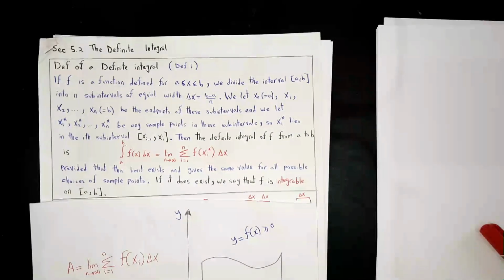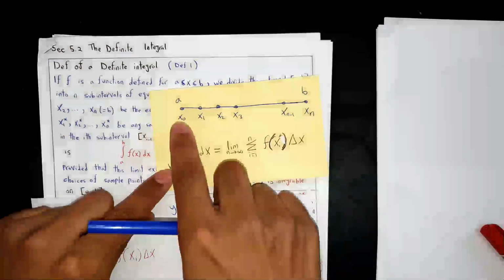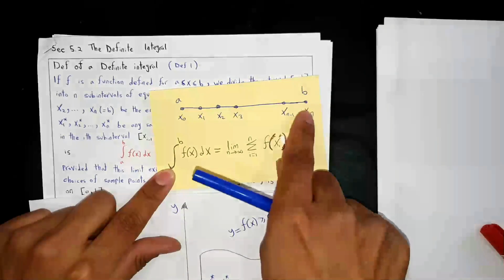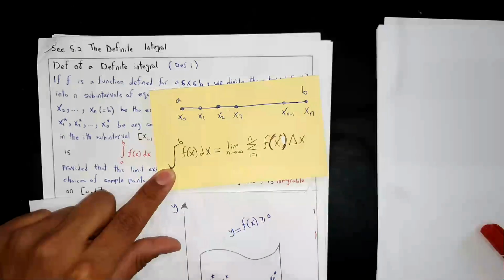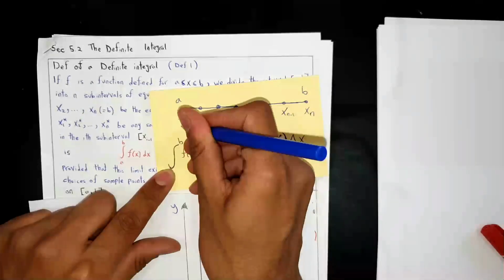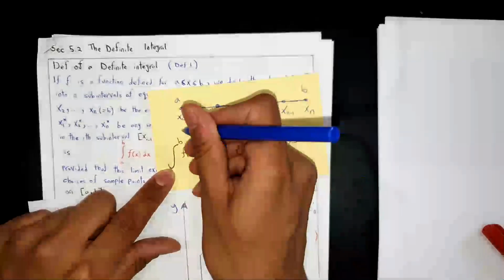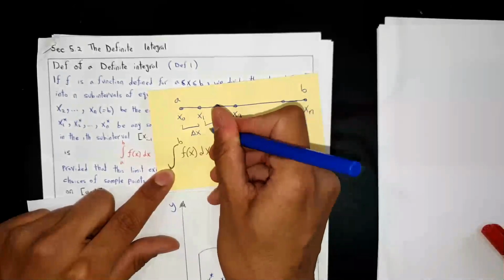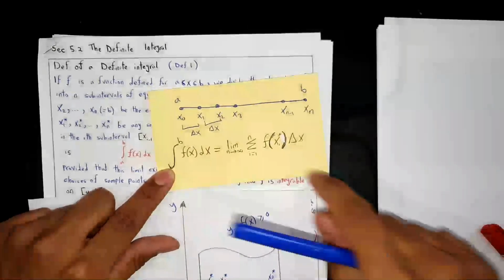Let us summarize what we did here. We said we partition the interval uniformly and we write x0 and xn for a and b respectively. Then we have x1, x2, etc. and we said this is delta x all the way, which is fixed here.